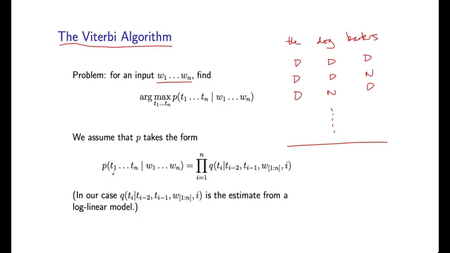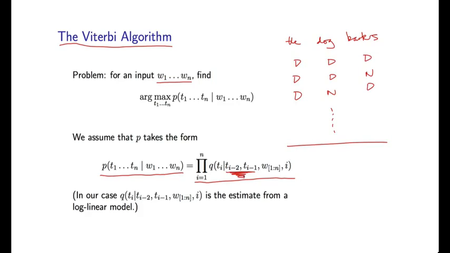And the critical observation is that we're going to make the assumption that this conditional probability takes the following form. So notice I have a product from i equals 1 to n, and I have q of t_i, given the previous two tags, the entire sentence, and the position. The key property of this definition is that at each point I condition just on the previous two tags.